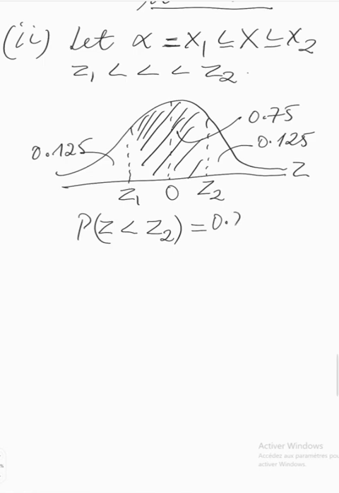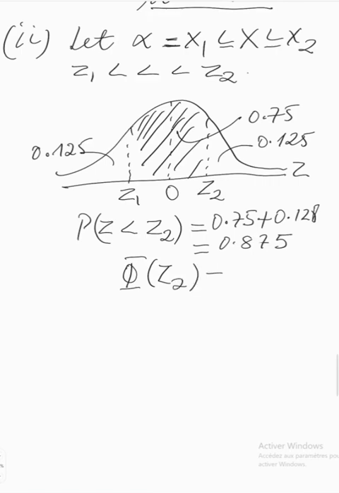So we have 0.75 plus 0.125, which gives 0.875. Since it is the area to the left of z2, phi of z2 should be equal to 0.875, and z2 would then be phi inverse of 0.875.